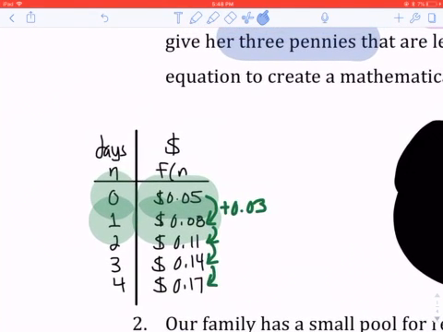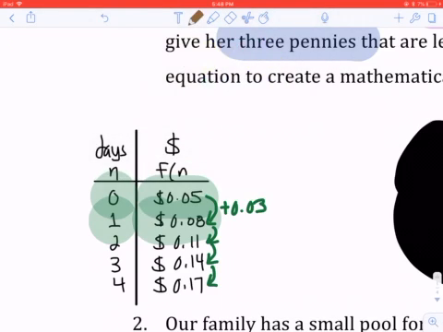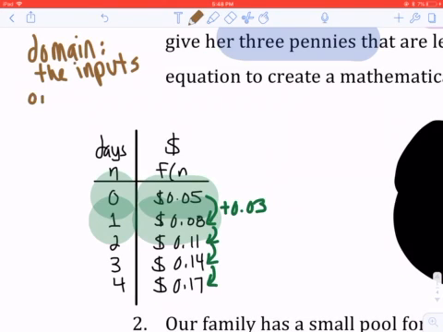So, the first vocabulary term we are going to be covering today is domain. Maybe you've heard this before in a previous math class. What domain represents are the inputs of a function.